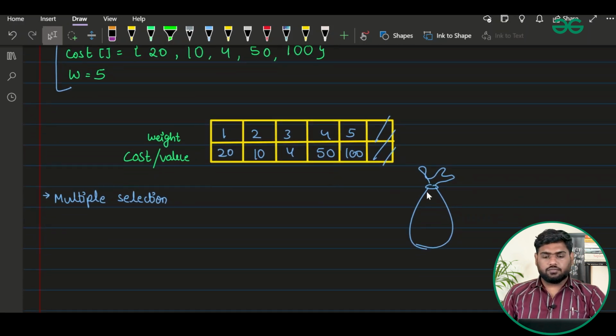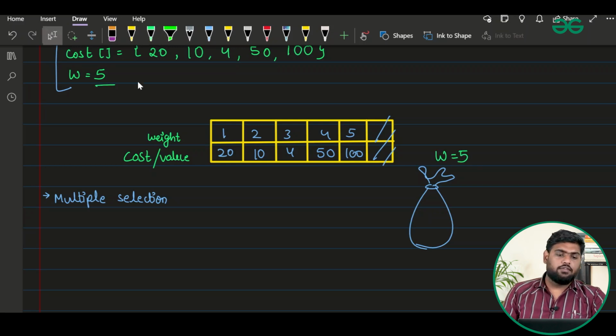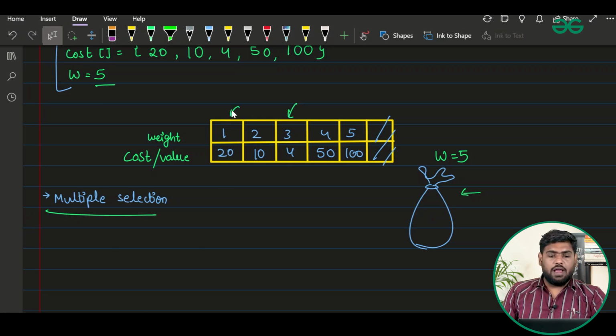I have this bag which is having capacity W. In our case, we have 5. We have to fill it completely. And we have multiple selection. Multiple times, I can buy one bag also. Let's say I want to buy this bag.